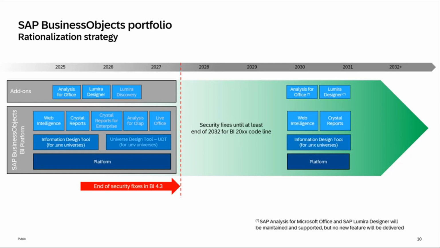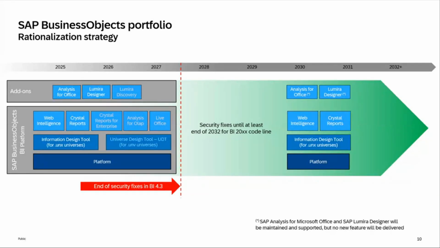The reason for that is really for us to rationalize and to focus our investment, maintenance, new features, etc., on the more adopted tools, which means that for customers to adopt those new versions, you have some homework to move away from those components in case you were using them.